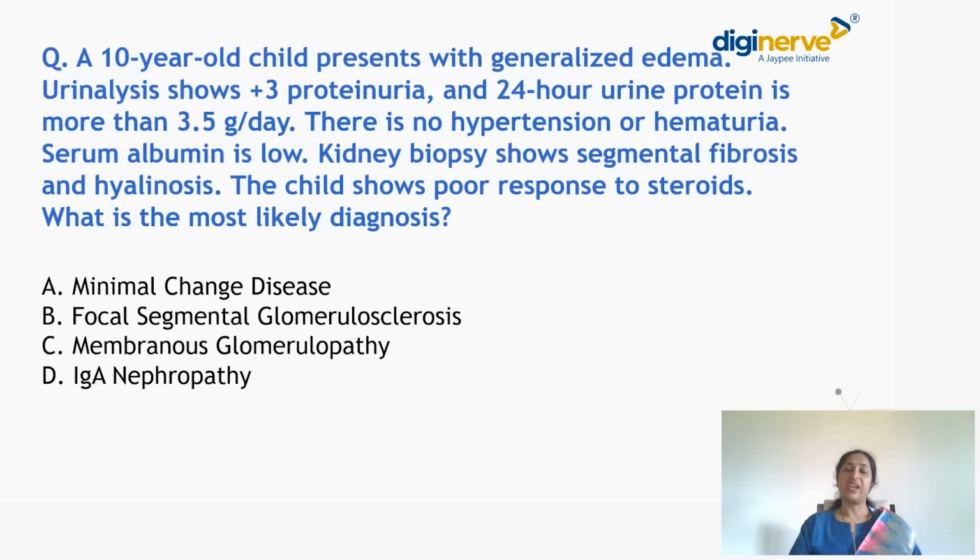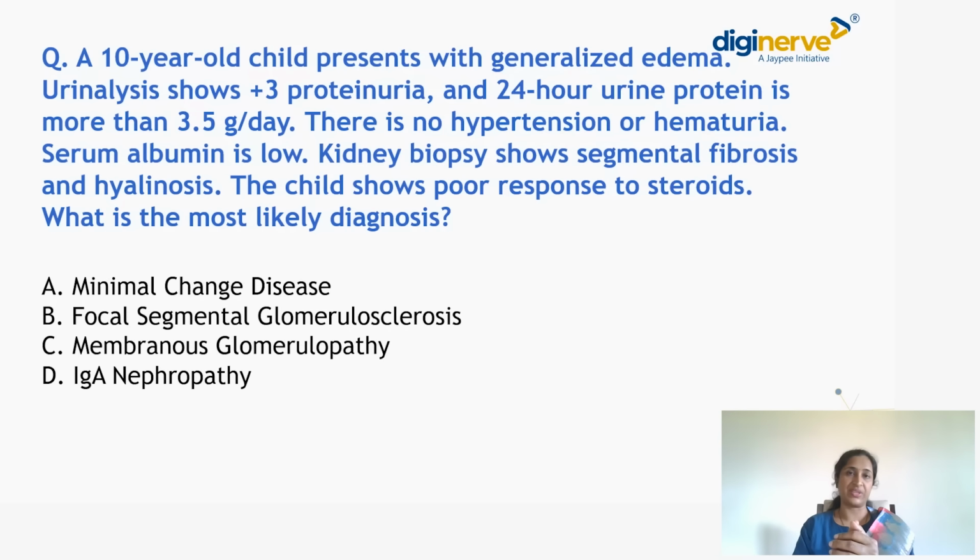IgA nephropathy. Now, IgA nephropathy is a totally different condition. IgA nephropathy is a synpharyngitic hematuria. So, in IgA nephropathy, whenever the child has an upper respiratory infection, at the same time, the upper respiratory infection tends to trigger the immune system to damage the glomerular basement membrane. So, RBCs trickle out.